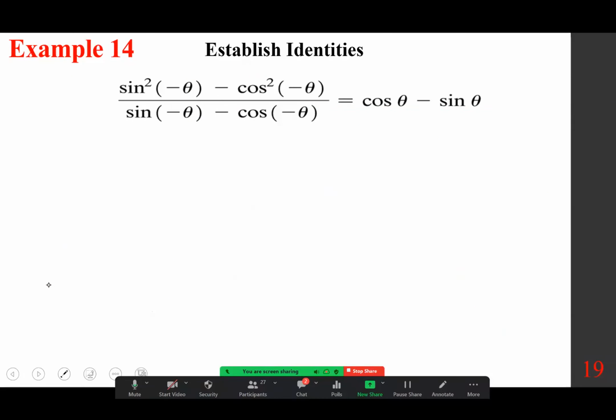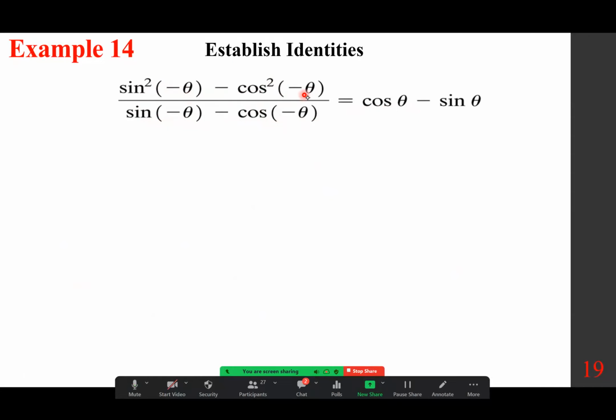We want to establish this identity: sine squared of negative theta minus cosine squared of negative theta over sine of negative theta minus cosine of negative theta equals cosine theta minus sine theta. And clearly we start with the left-hand side, which is the more complicated side.